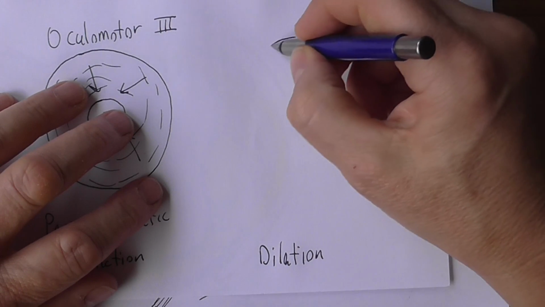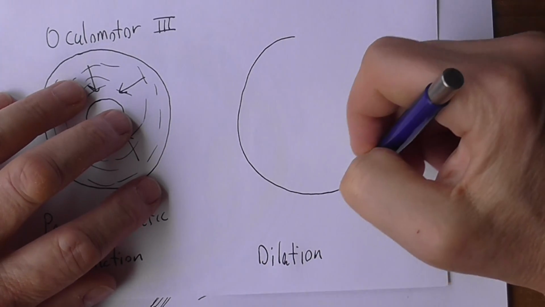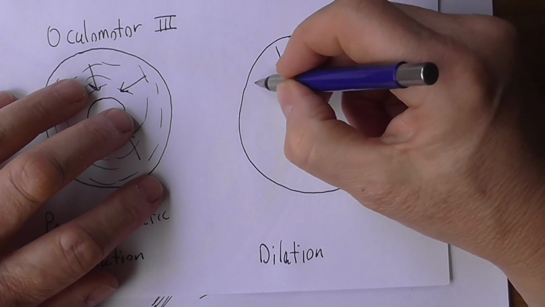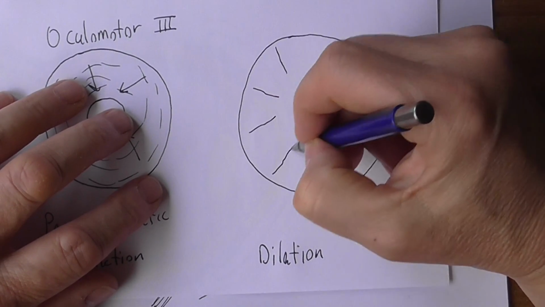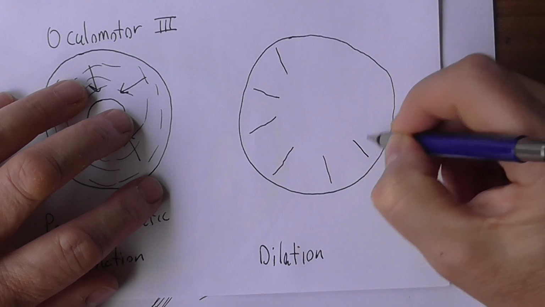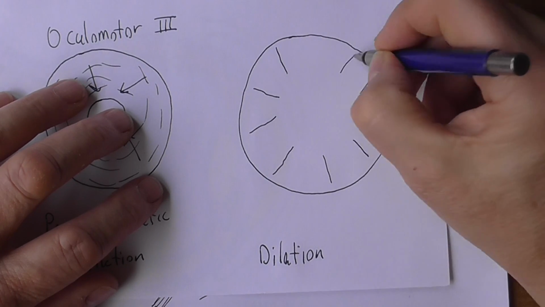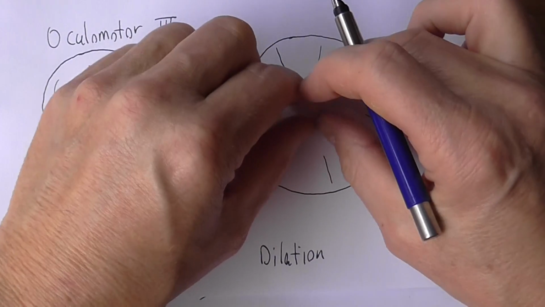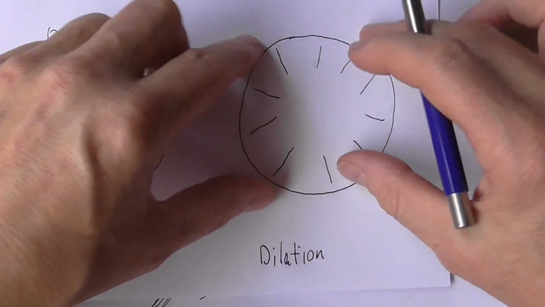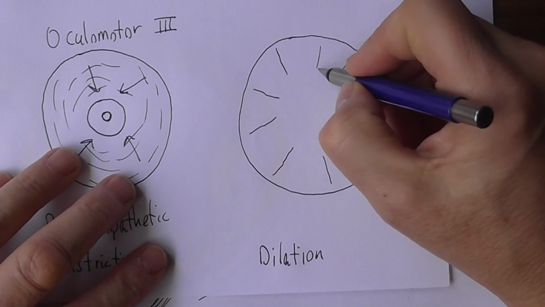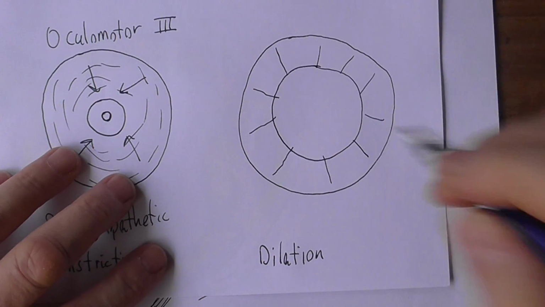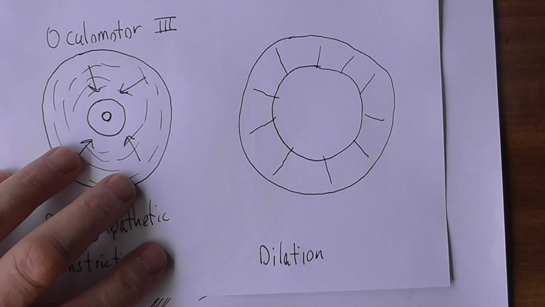So if we think about the outside of the iris again, there's also radial muscles in this direction, in that direction. And when these muscles contract and get shorter, that's going to open the pupil, going to dilate the pupil. So that's contraction of the radial fibres, the dilator pupillae.